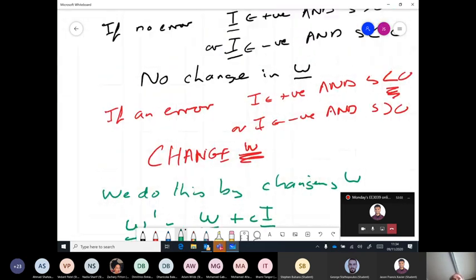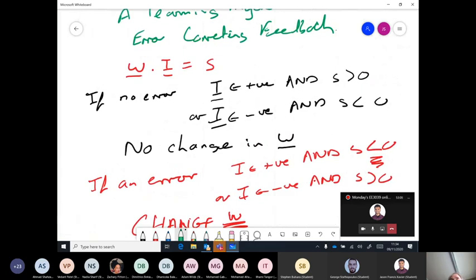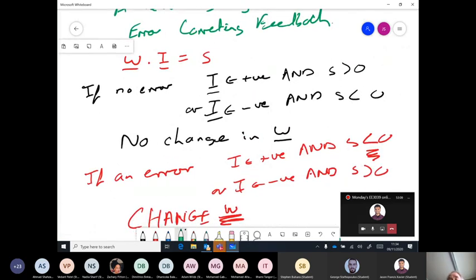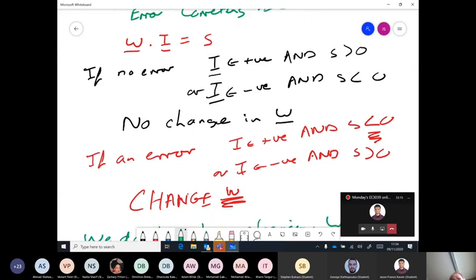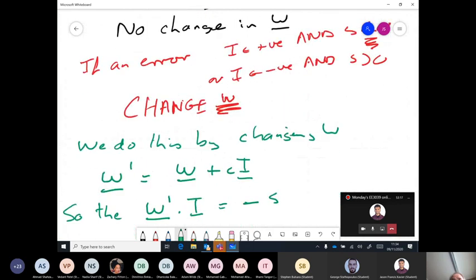Before, the scalar product was S. If it was wrong, in other words, if we're getting a positive response and it should be negative, we make sure that the sign of the scalar product is minus.